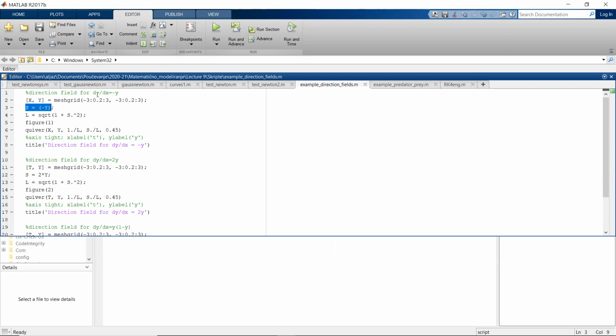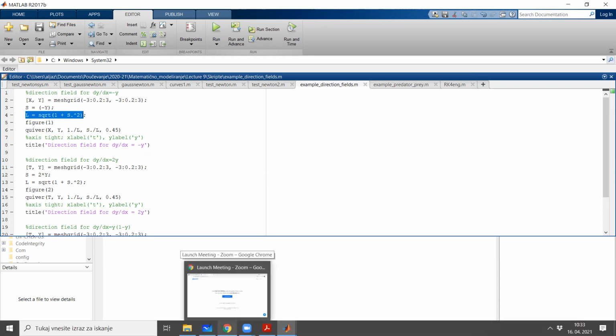By our equation, it's minus y. So if we had here minus y plus 2, I would put here minus y plus 2, or if we had minus 3y plus 1, I would put here minus 3y plus 1. And here I compute the square root of 1 plus s squared. This is just the length of the vector.